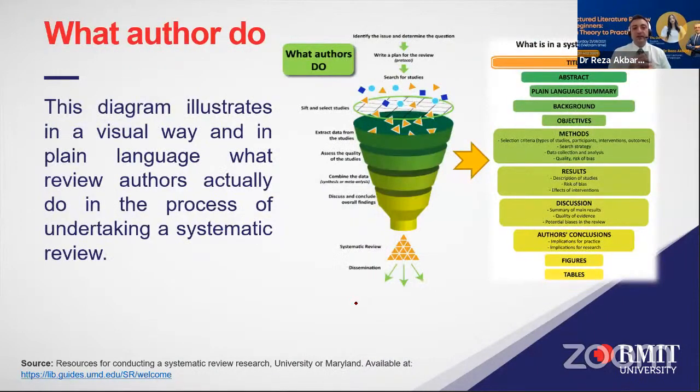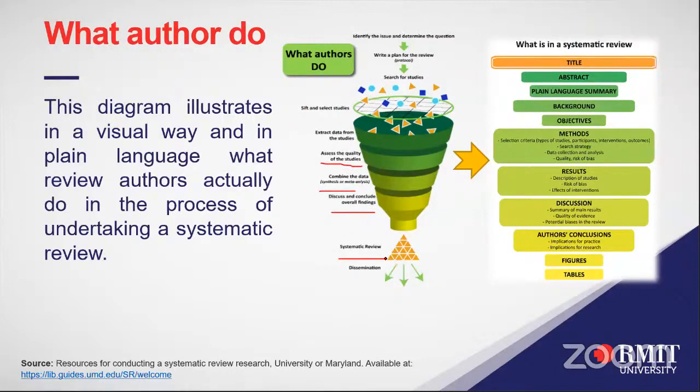This is kind of what the author does. This is kind of how the structure looks. We're looking at it like a filter, right? We go through screening, selecting studies, extracting data from studies, assessing the quality of the studies, combining data, discussion, and it comes out as a systematic review and synthesis, whatever we're looking for.